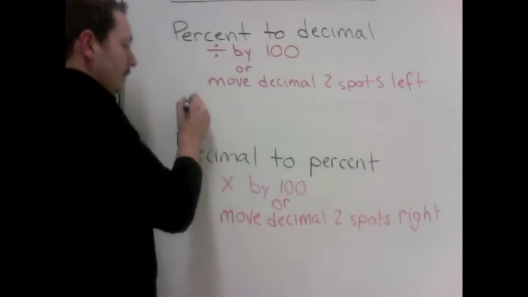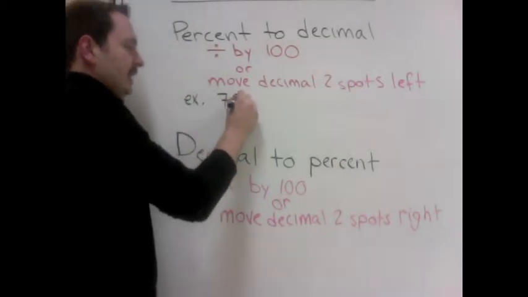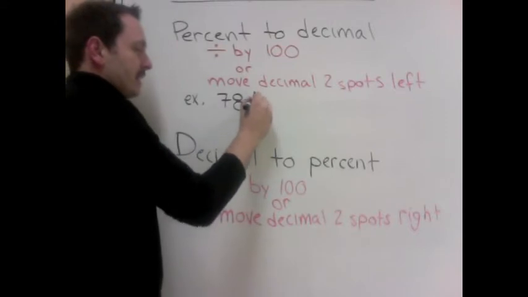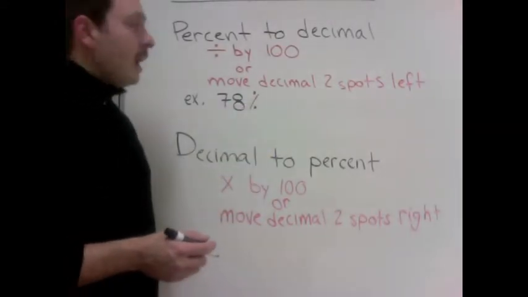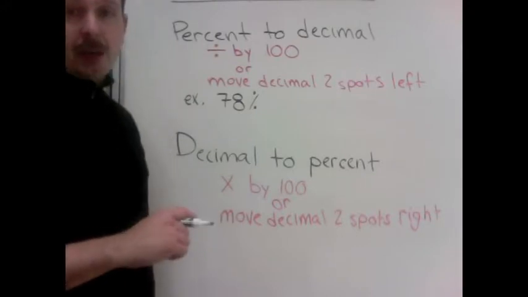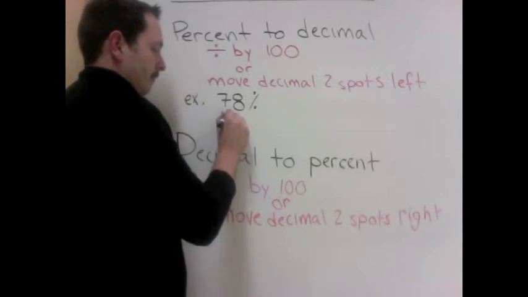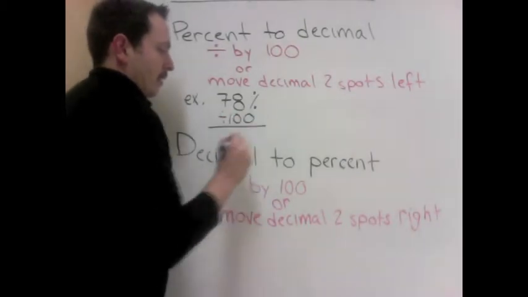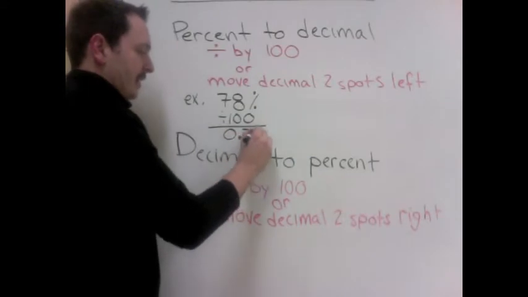So for example, if I wanted to change 78% into its decimal form, I could divide by 100. I could take out my calculator. And if I divided by 100, 78% divided by 100 is 0.78.